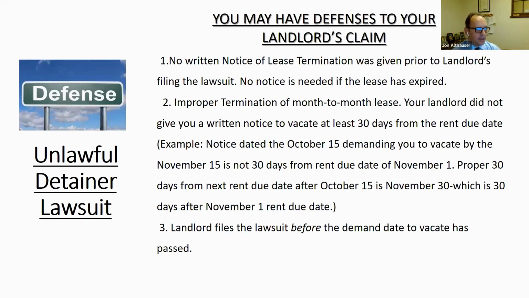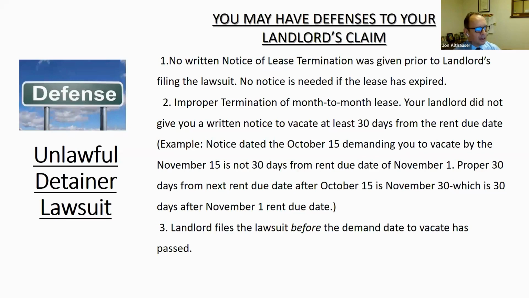Now, there are some rules on where that 30 days comes from. It's not 30 days from the day you get the notice. It's 30 days from when the next rent payment is due. So if your rent is due on the 1st, and you get a notice today, the 8th, from the landlord that they are terminating your month-to-month lease, the earliest it can terminate it is the end of December.